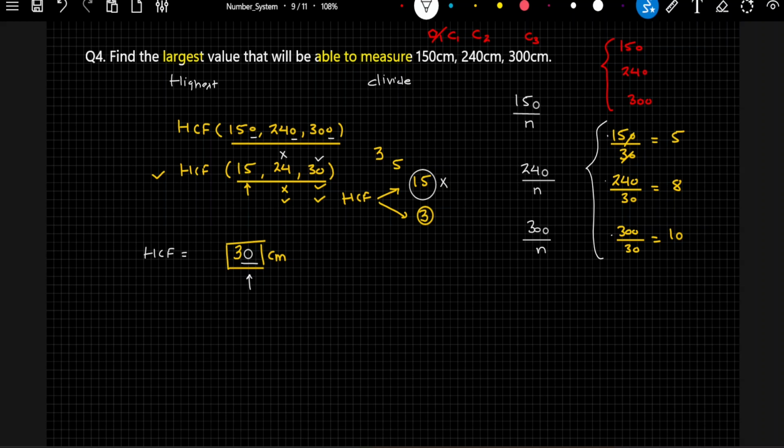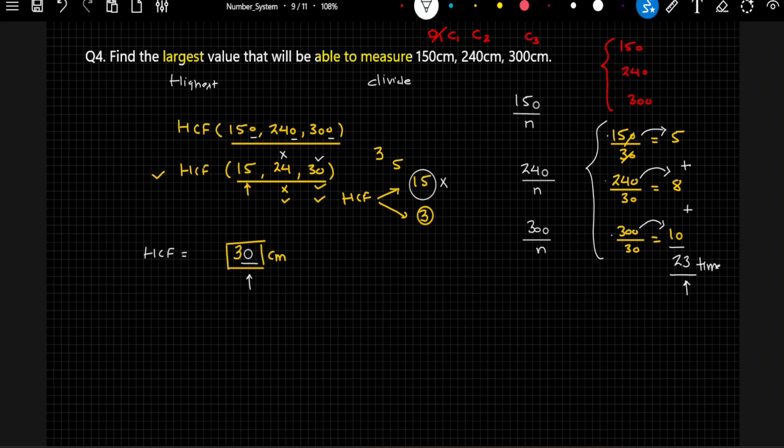To measure 150, he needs to use the scale 5 times. To measure 240 centimeter, he has to use it 8 times. And to measure 300 centimeter, he needs to use the scale 10 times. So the total number of times is going to be 23. In that scenario, the answer would have been 23 times.